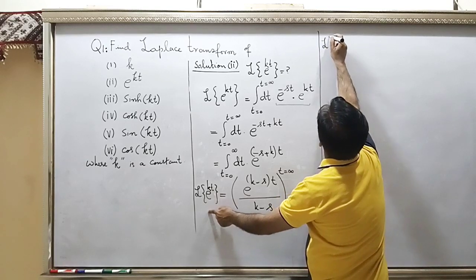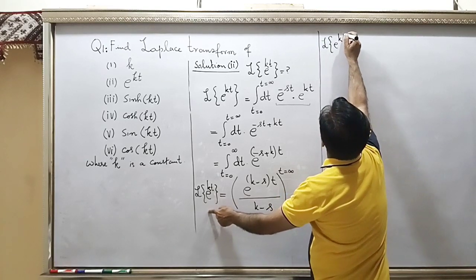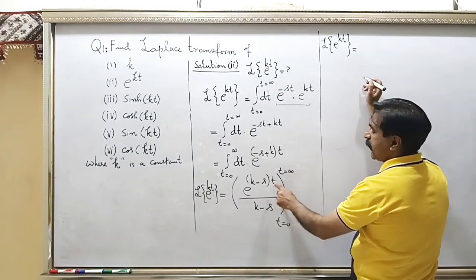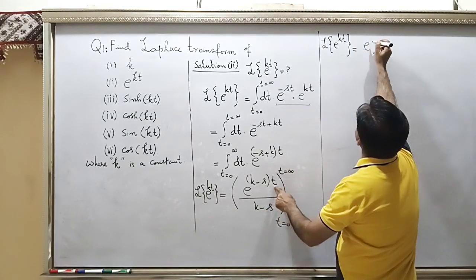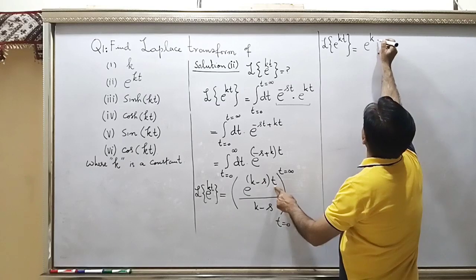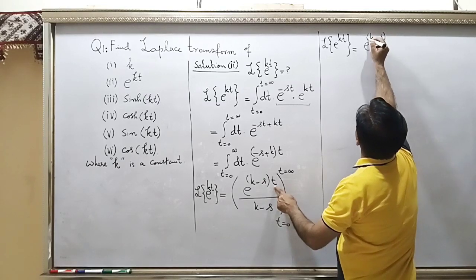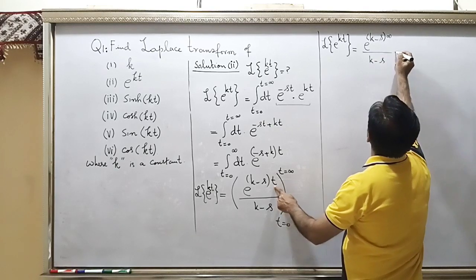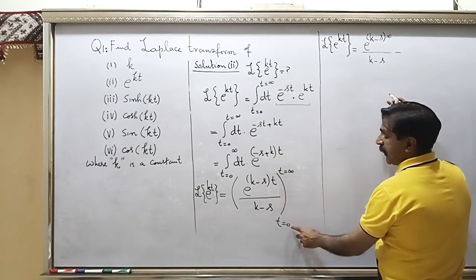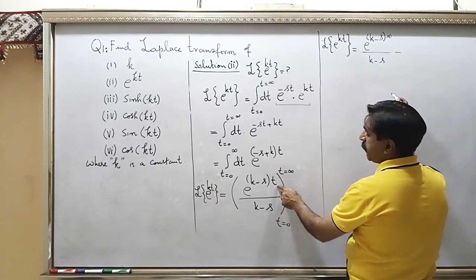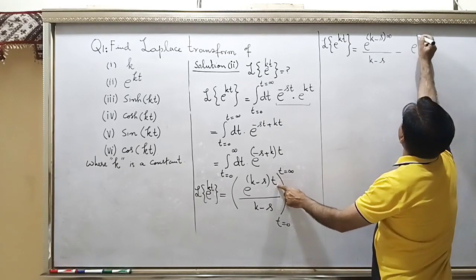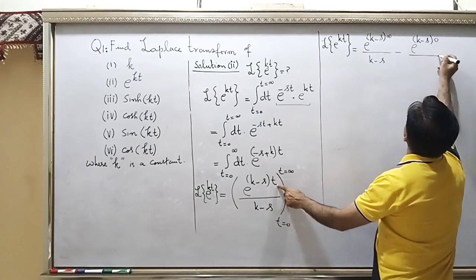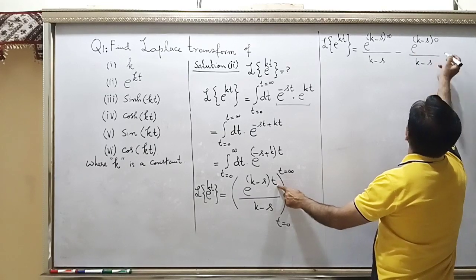Laplace transform of e to the power kt equals: apply the limit t equals infinity here, e to the power (k minus s) into infinity over k minus s, minus the lower limit. This limit t equals 0 will be replaced here, so it is e to the power (k minus s) into 0 over k minus s.